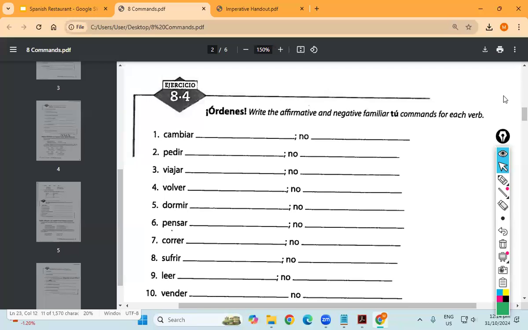Yes, okay. So you have 10 here. Write the affirmative and negative familiar tú commands for each group. We could do the first two together, right? Affirmative and negative tú commands for each group. All right, let's do the first 2 together.